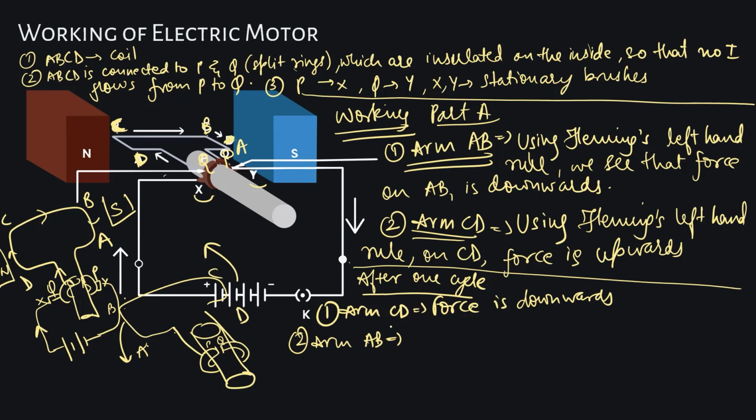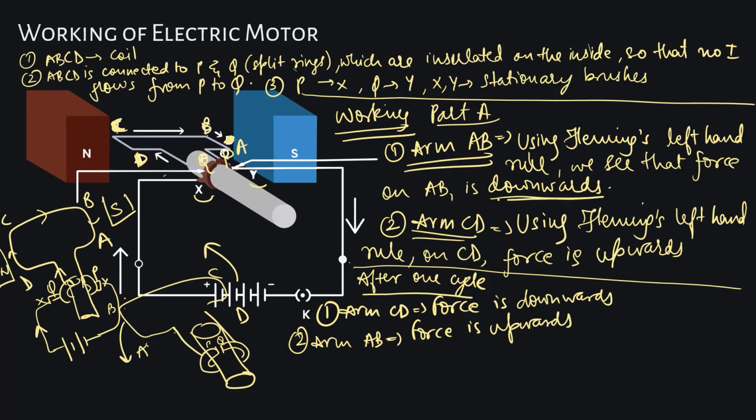Now coming back to arm BA, the current is flowing towards me. And the magnetic field, is it towards the left? No, it is towards the right. So the force experienced is upwards. So again I write that force is upward. Can you see that the force is actually reversed? Look at this.